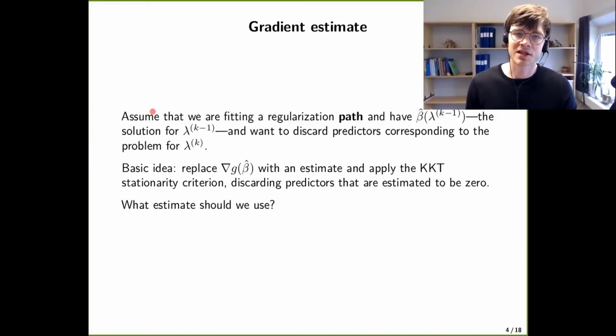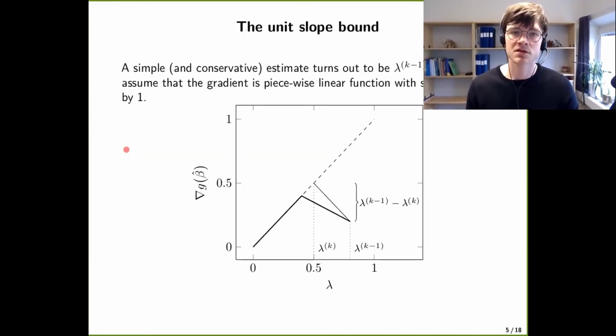Then we apply this KKT stationarity criterion, which is not really a KKT criterion anymore, and use that as a prediction of the sparsity of the coefficients at the solution. The question is only what kind of estimate we would use to do this. It turns out that we can use something called the Unislope bound that Patrick also described earlier, but I will briefly cover here again.